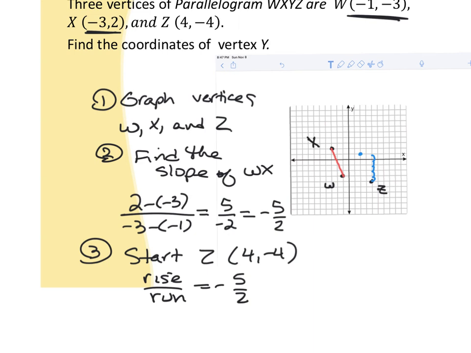And that's going to be the coordinate for point Y. So you're going to see that Y is the ordered pair 2, 1. Because now if you connect this side, you can see that it forms a parallelogram. So Y is the ordered pair 2, 1.